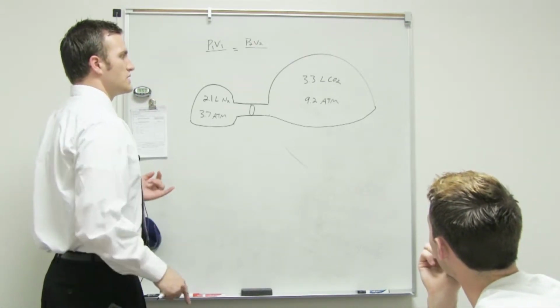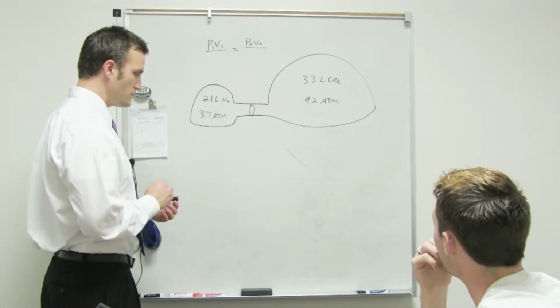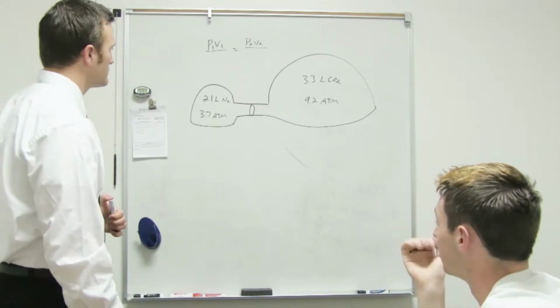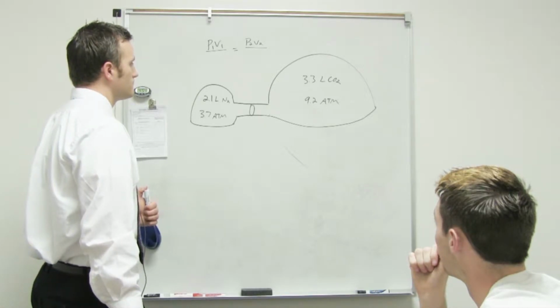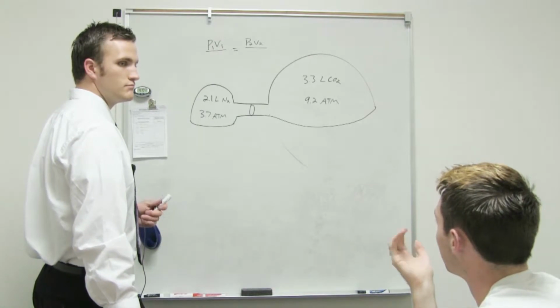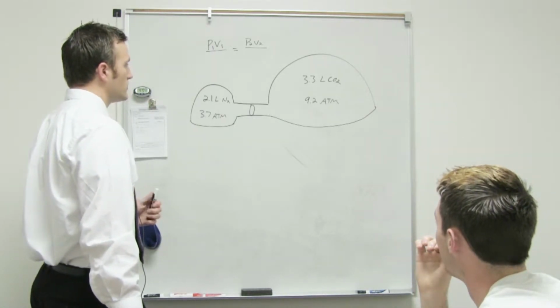So our number of moles isn't changing. Our temperature's not changing. Our volume's going to stay the same, but the pressure's going to change. Because when it opens, the volume's always going to be 5.4. Total volume?